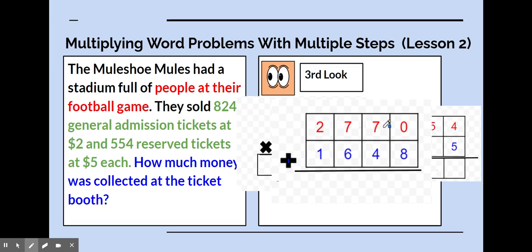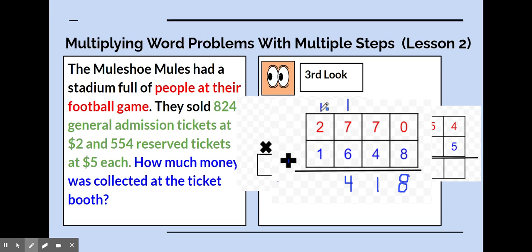So making sure that we line our numbers up with the correct place value, 0 plus 8 is 8. 7 plus 4 is 11. Bring down our 1, carry our 1. 7 plus 6 is 13, plus 1 more is 14.